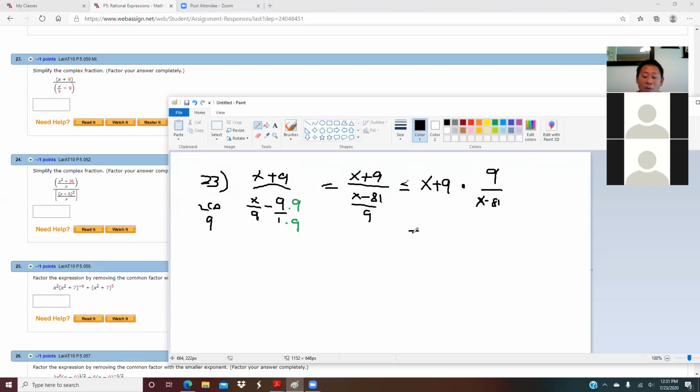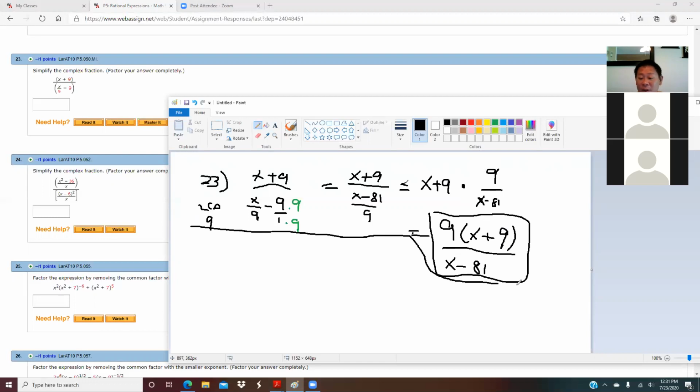So what you need to do is just put the 9 in front and then multiply that with x plus 9, because this one is on the top. Don't distribute it, just leave it like this. And then x minus 81. So this is your answer for question number 23. You do not need to do factoring because there's no factoring. You cannot factor neither one of those, and you cannot cancel anything off here because it cannot be factored.